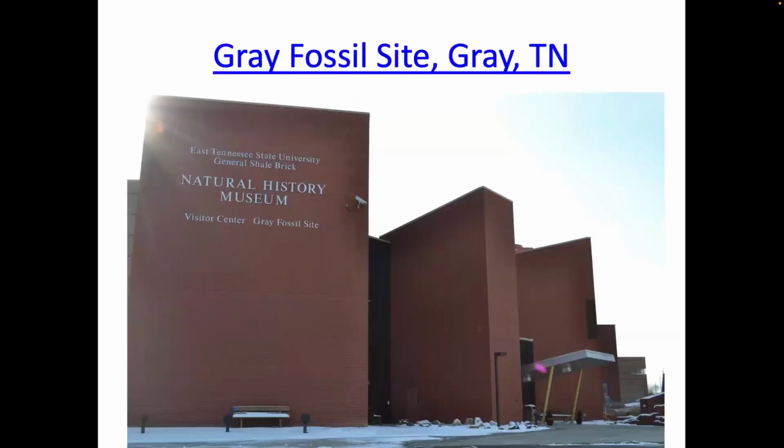Okay, let's tell you a quick story now. Let's talk about a site called the Gray Fossil Site. This is a site that came to be known probably in the late 1990s. The Tennessee Department of Transportation up in Johnson City, Tennessee, which is where East Tennessee State University is located, TDOT was in the process of trying to fix an intersection where there was a T intersection.